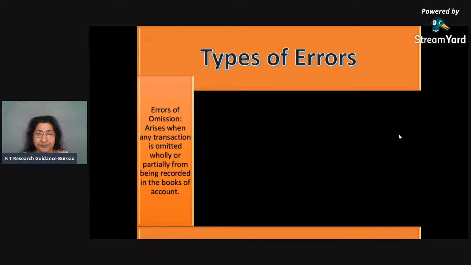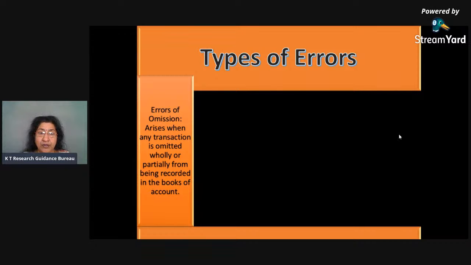So suppose you paid money to Mr. X and by chance your accountant forgot to enter the transaction. He has neither debited the amount to one account nor credited. So completely he omitted this transaction.